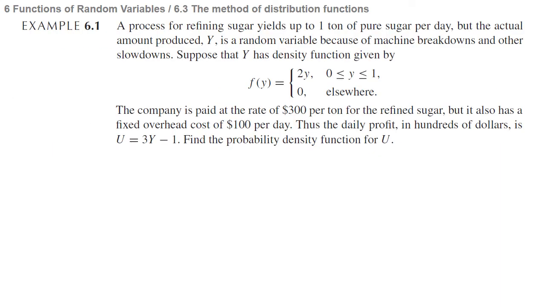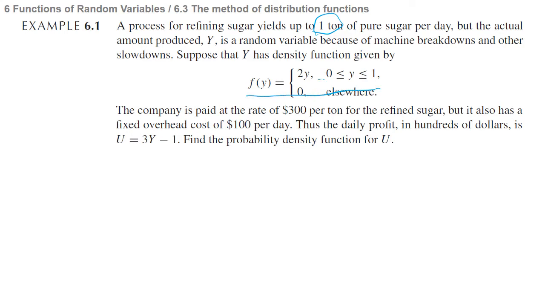Okay, let's go to example 6.1. A process for refining sugar yields up to 1 ton of pure sugar per day, but the actual amount produced, Y, is a random variable because of machine breakdowns and other slowdowns. So we can produce sugar up to 1 ton, but because of machine breakdowns or other slowdowns, we can earn less than 1 ton, and it's the random variable Y. Suppose that Y has a density function given by this.